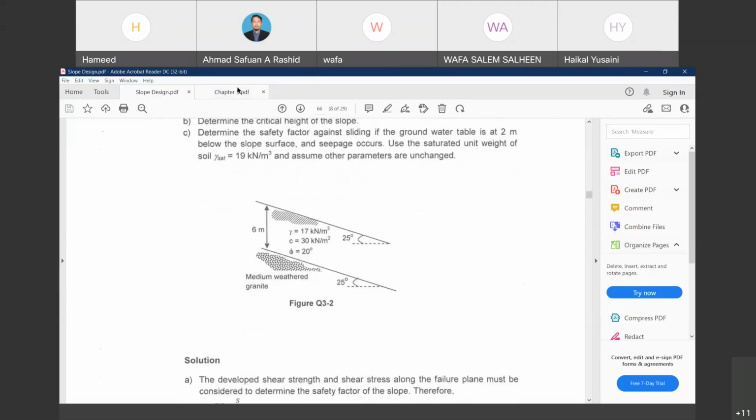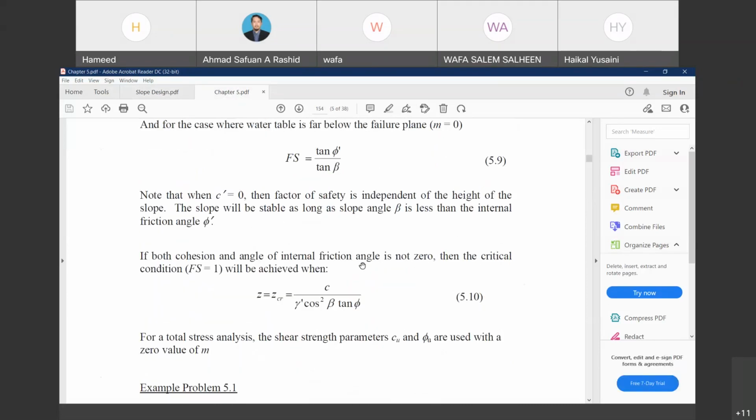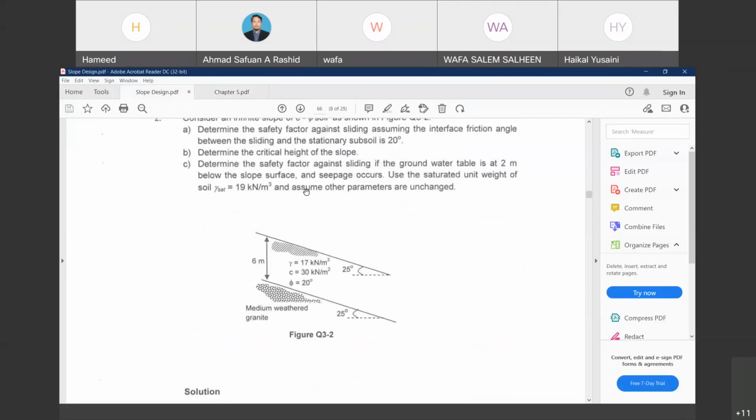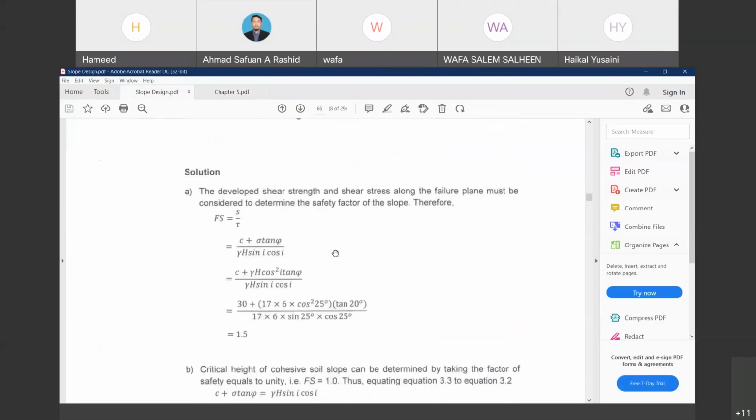Can we get the same answer for both of these problems? So we look at part B first.